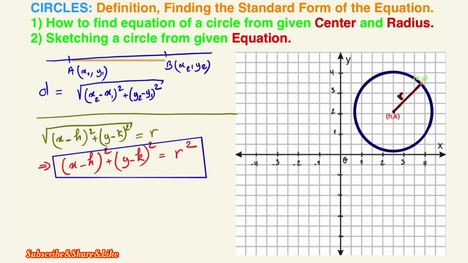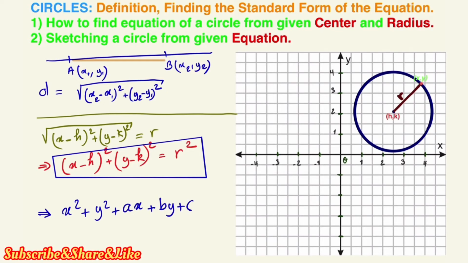Now, most of the time actually, the circle is in general form and is written like this. It will be x squared plus y squared plus ax plus by plus c equal to 0.